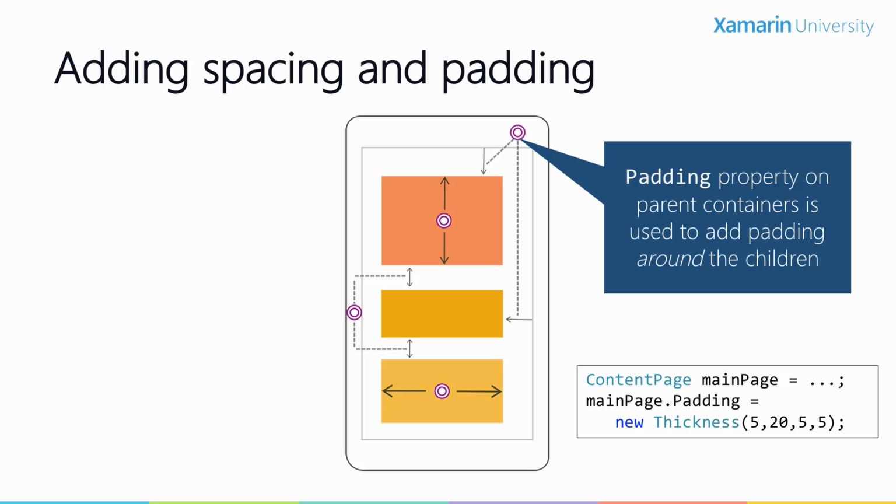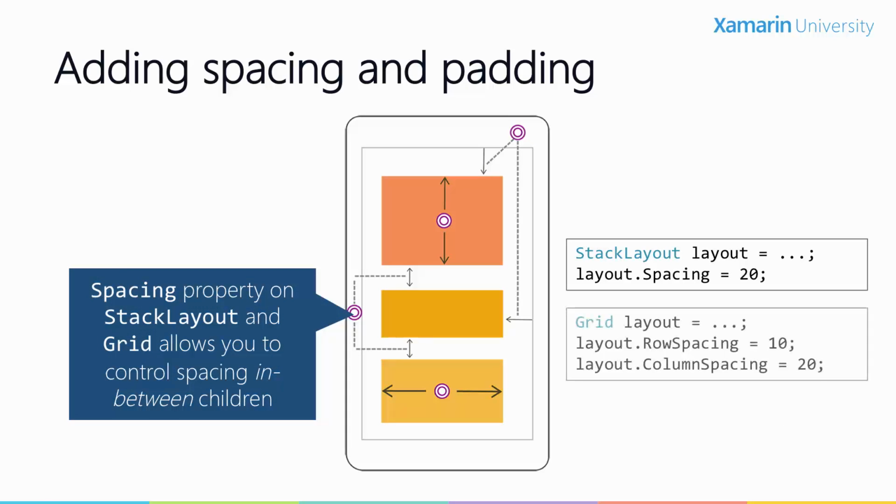We can assign a single numeric value to padding, like 10, which means it's going to be applied at top, bottom, left, right, or padding can be a thickness object. And this means you can specify padding that is going to be used only at the top, or different values for top, bottom, left, right. There's also another constructor, another override that allows you to specify one value for top and bottom and the other one for left and right. And finally, there's the spacing property.